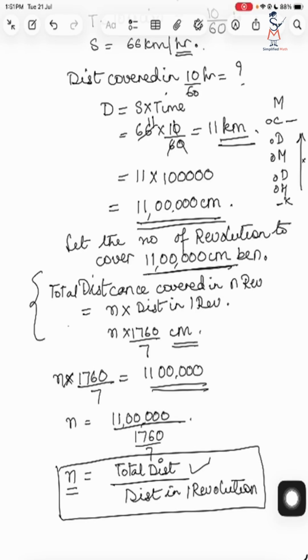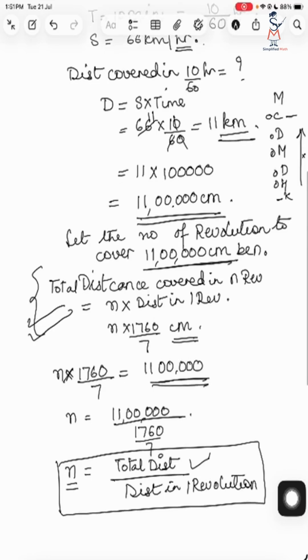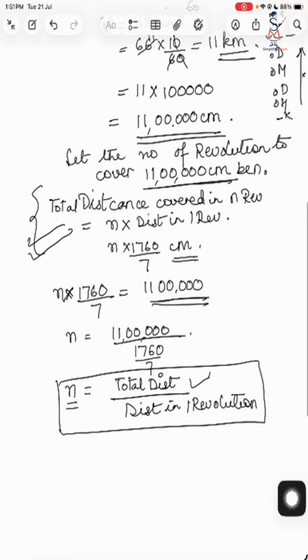Why do we do so? This is the reason: the total distance covered in n revolutions is n into the distance in one revolution, which has to be equal to the distance we have found out, right? So n is 11,00,000 by 1760, and 7 goes on the top. This 0 gets cancelled.